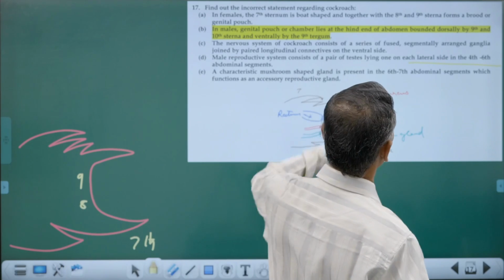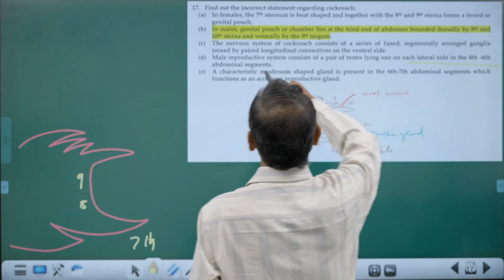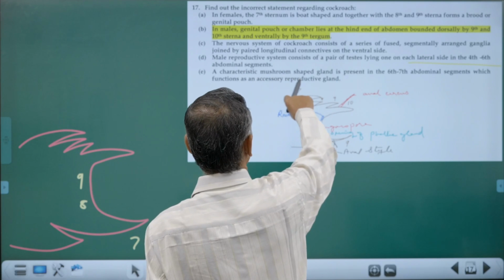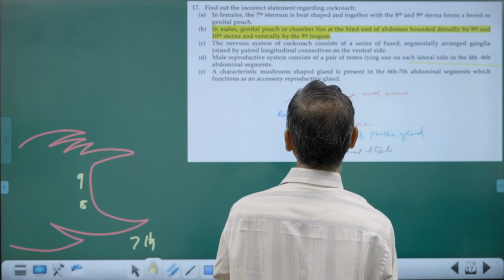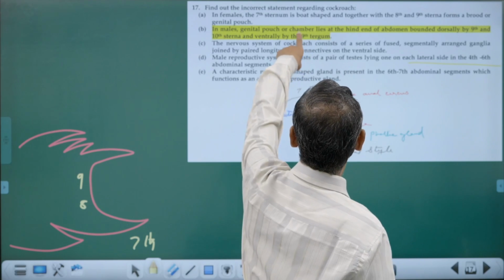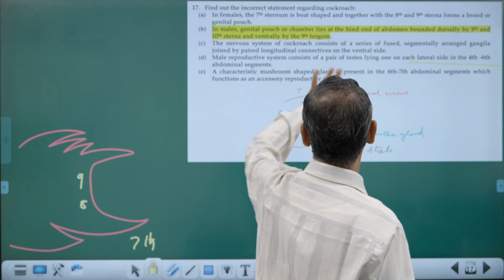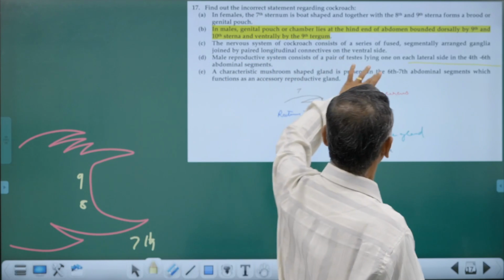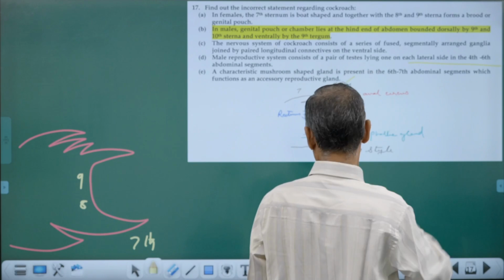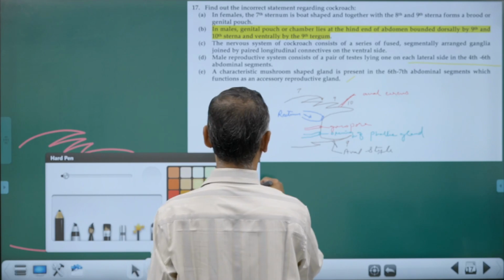Okay, they are all present on the 4th to 6th. Correct. A characteristic mushroom-shaped gland is present on the 6th and 7th abdominal segment. See, this functions as the accessory reproductive gland. A characteristic mushroom shape that is present only in male, which is present on the 6th. That's the correct one. That is acting as the nourishing gland. So, that also is a correct one.